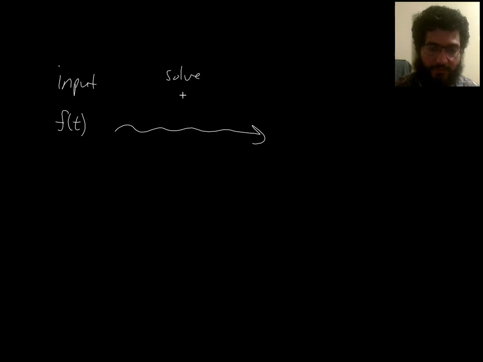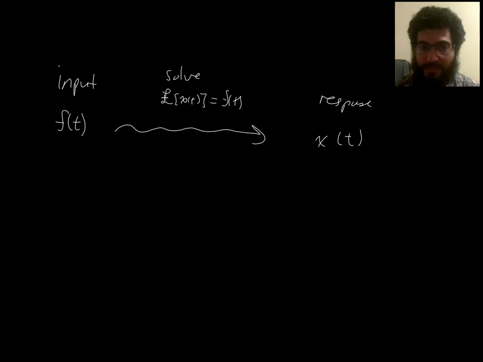If you solve the differential equation, Lx of t equals f of t, then after solving you get an x of t that solves it. That's like the response, or the output.